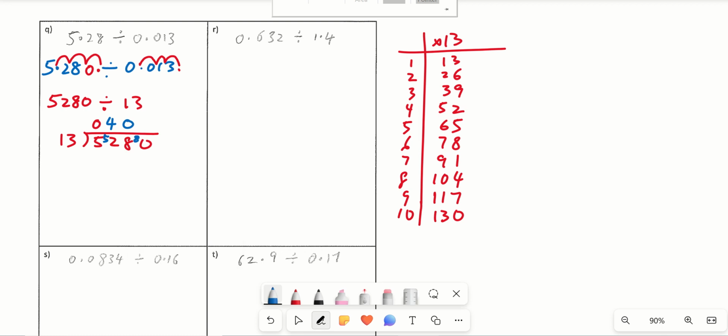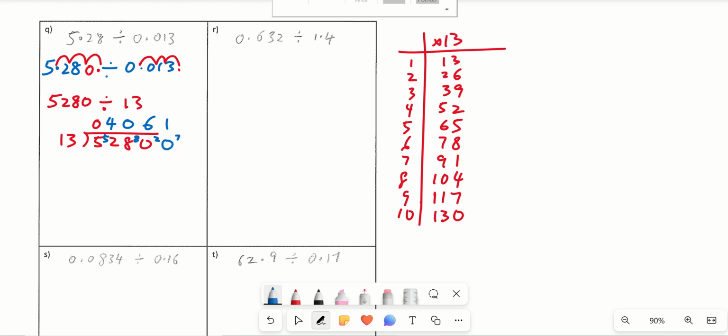So that's 8 over there. So how many 13s go into 80? There'll be 6. So 6 13s go into 80, that's 78. So that gives us a remainder of 2. So we have a remainder of 2 that goes to join 0 in the next column. Now 13 goes into 20 once, which gives us a remainder of 7.